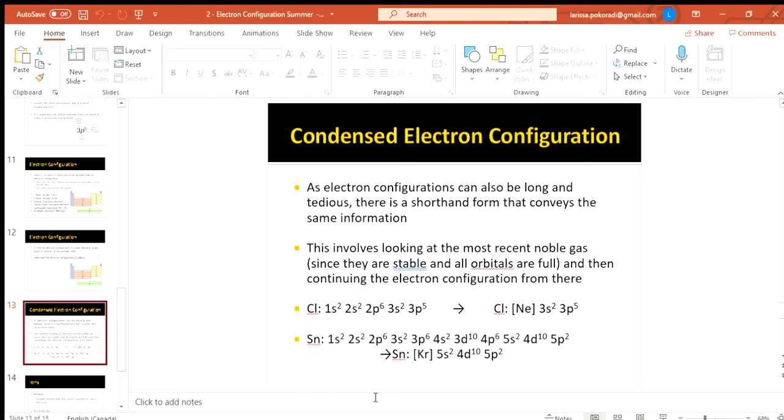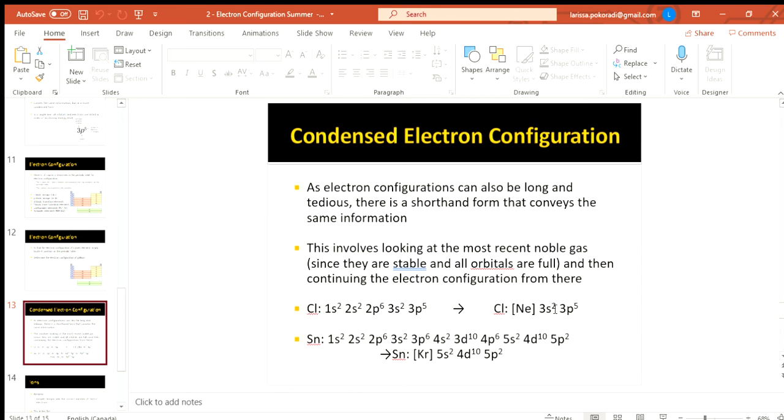So it's called condensed electron configuration, or sometimes noble gas configuration, because we'll be using noble gases to make it a bit shorter for us. Noble gases are stable, they're a full octet, as we saw from Bohr diagrams, so it's an easy way to chop off that part, knowing that if we were to make an ion, and gain or lose electrons, that part won't be touched.